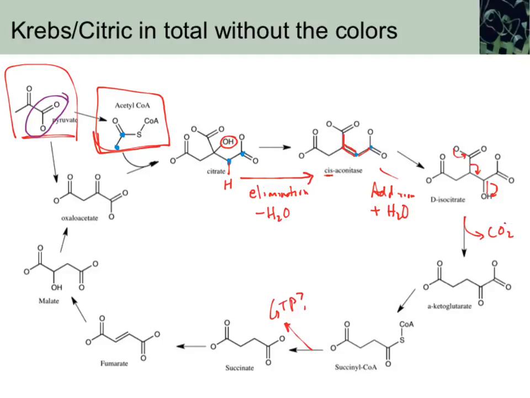Succinate to fumarate, what happened? We lost some hydrogens. We did an elimination reaction, and what we lost were actual just hydrogens. So we actually did an oxidation reaction at the same time. Okay. Fumarate to malate.